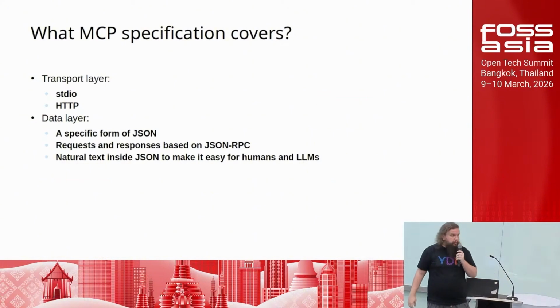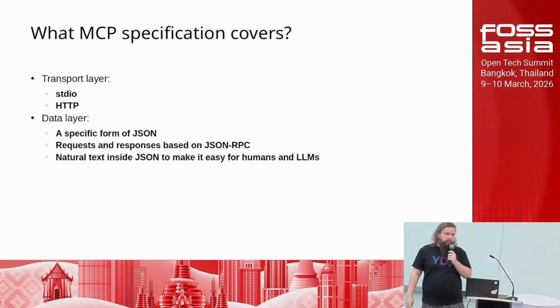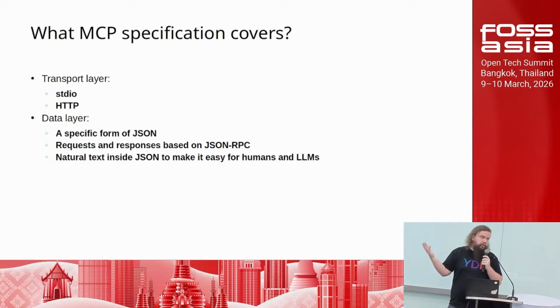The specification of MCP covers two key categories of things. First of all, it covers the transport layer between the AI application and the MCP server, and as we will see, the trade-offs between these transports are quite significant.